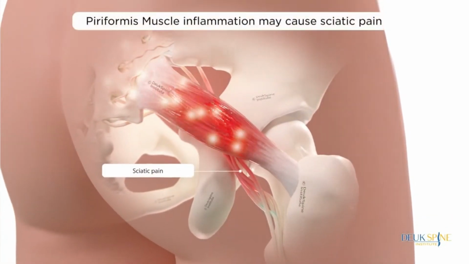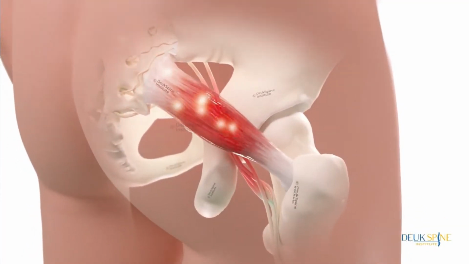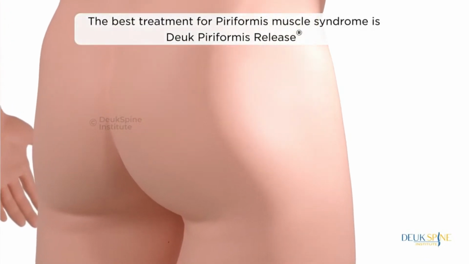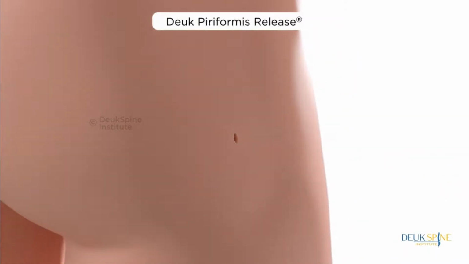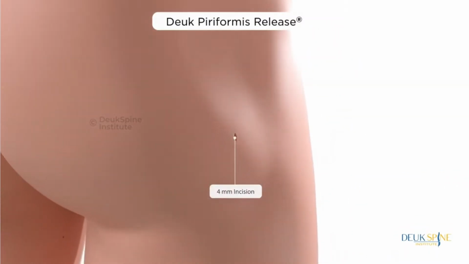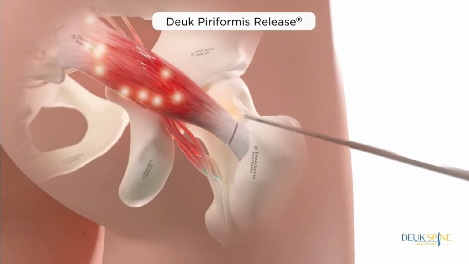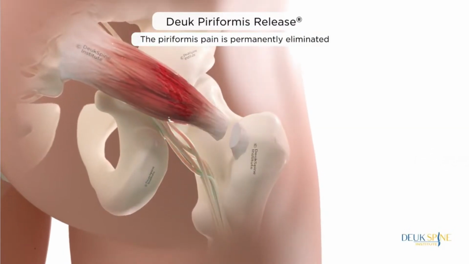And also, piriformis muscle inflammation may cause sciatic pain. The best treatment for piriformis muscle syndrome is the Duke piriformis release. From there, the piriformis pain is permanently eliminated.